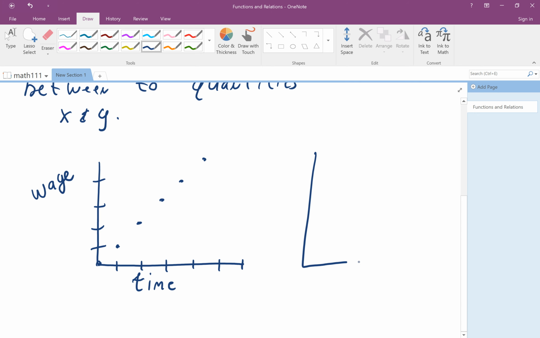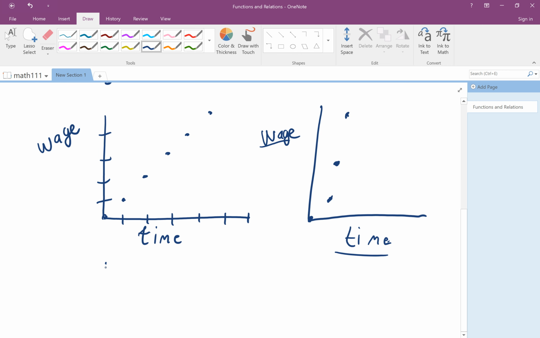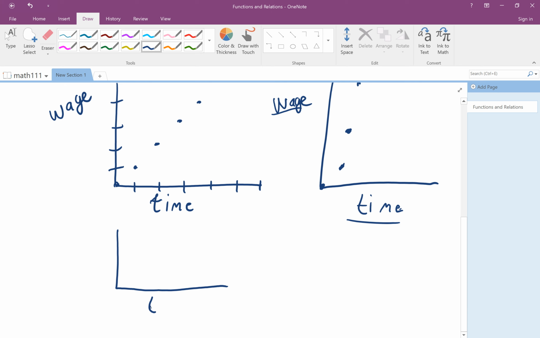Same thing here. What if we do the same thing, time and wage, but it's changed a little bit so that it looks like this. Still we have a correspondence between time and wage, right? We're following this okay? I can continue to draw some of these graphs.